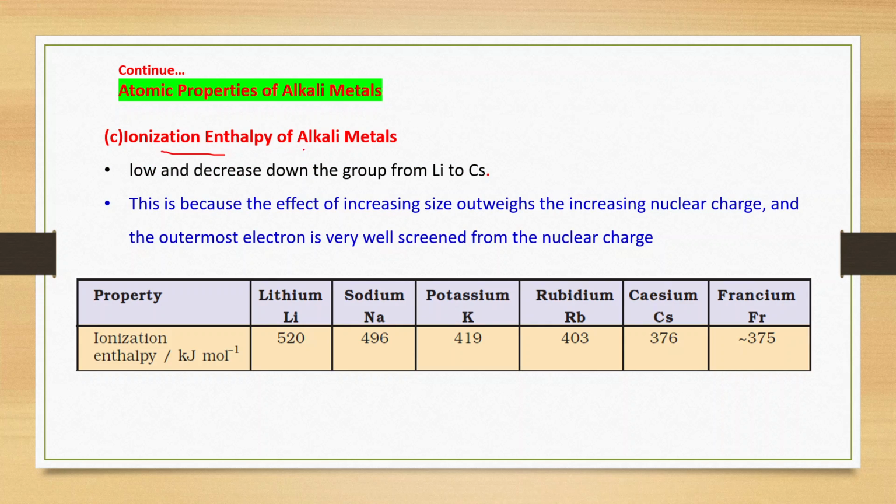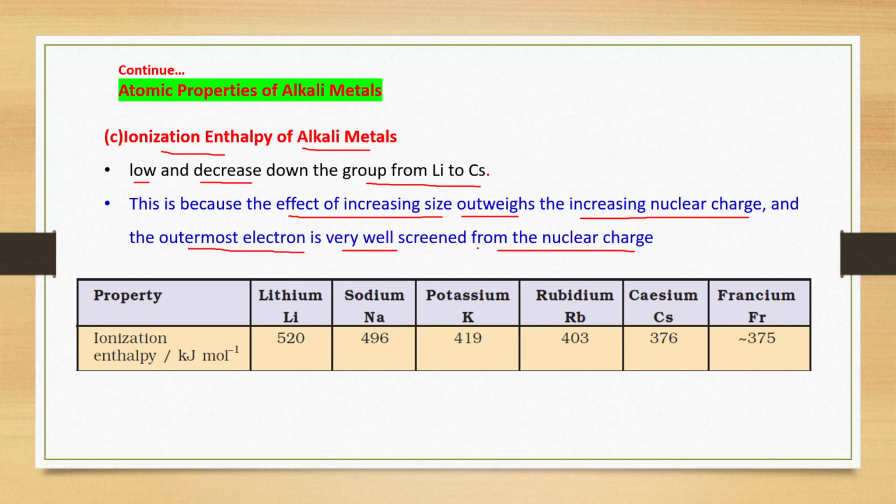Ionization enthalpy of alkali metals. The ionization enthalpies of alkali metals are low and decrease down the group from lithium to cesium. Now, what is the reason? Because the effect of increasing size outweighs the increasing nuclear charge, and the outermost electron is very well screened from the nuclear charge.